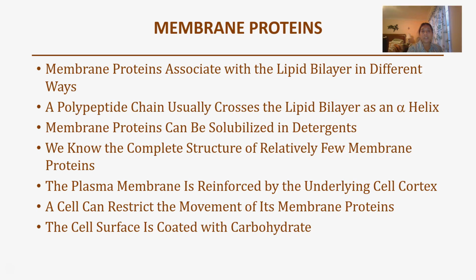The polypeptide chains will usually cross the lipid bilayer as an alpha helix, and that allows them to create a pore-like structure many times, or a structure that can interact with more hydrophilic molecules. You can also have beta sheets that can create another type of pore that will allow for more hydrophobic and hydrophilic molecules to go through.